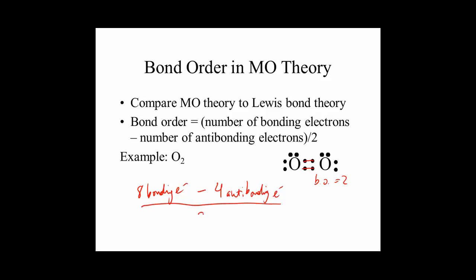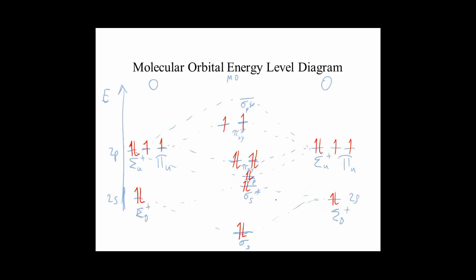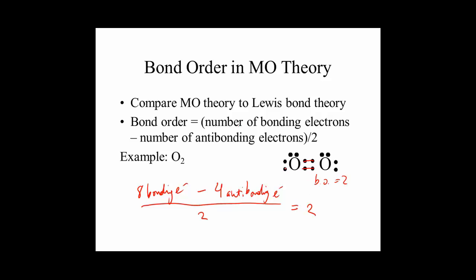Divide by 2 equals, well, 8 minus 4 is 4, divided by 2 is 2. So a bond order of 2 is what we get from our molecular orbital energy level diagram for dioxygen, and that corresponds with the Lewis model for the bonding in dioxygen.